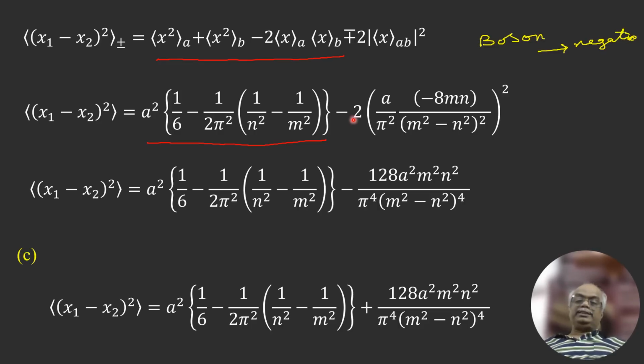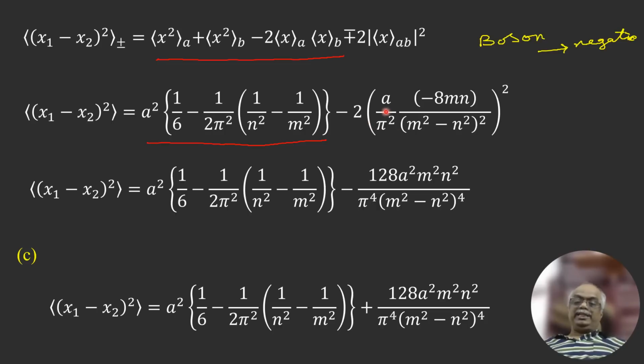So we have seen just now the expectation value of x for A and B. You just square it and multiply this by 2. So if you square it, what will you get? 8 squared will give 64. Then 64 into 2 is 128.